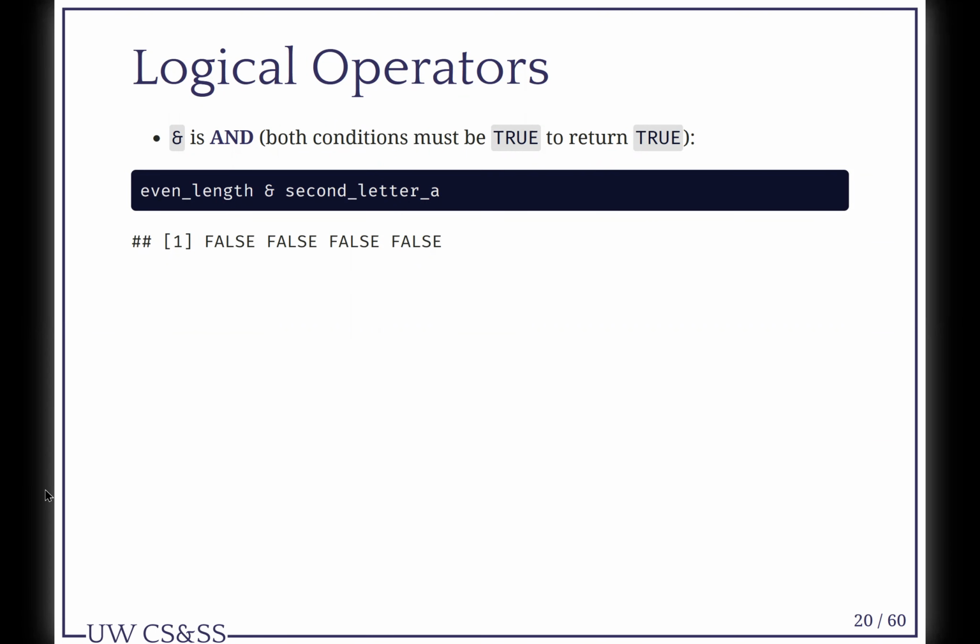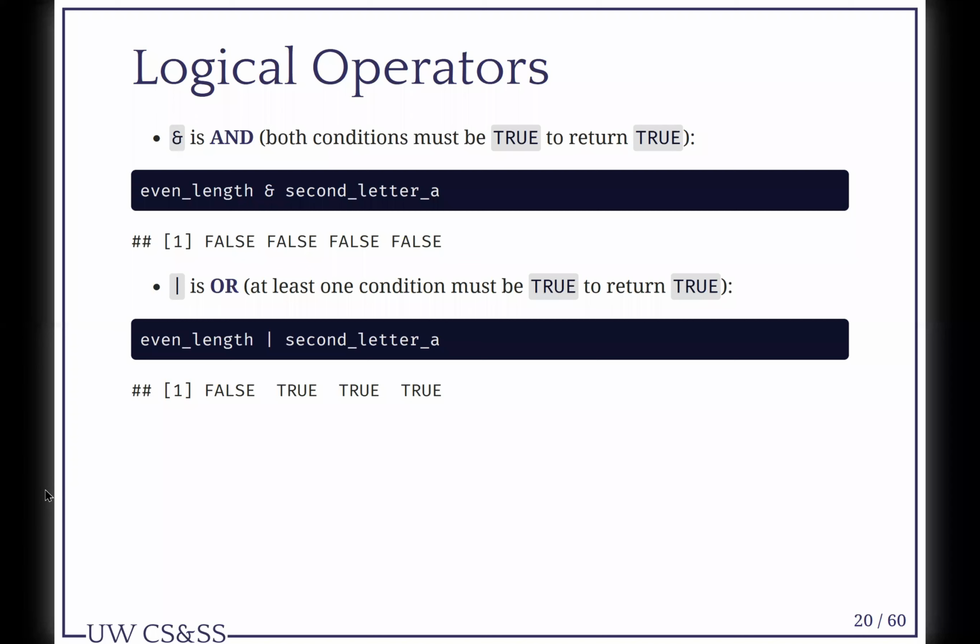And now, when we use logical operators like the ampersand, the and, both conditions must be true to return a true. So if we said even length and second letter A, all of these things would be false. If we use the or, at least one condition must be true to return true.